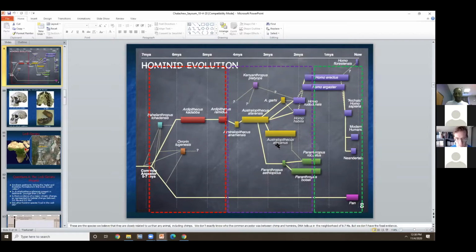And these are our direct ancestors, but the time between 3 and 2 million years is poorly represented in this tree. As you can see here, there are questions around this area.